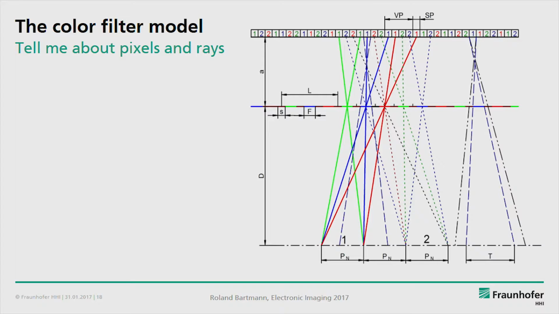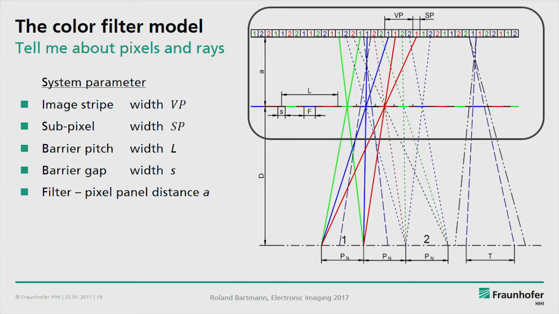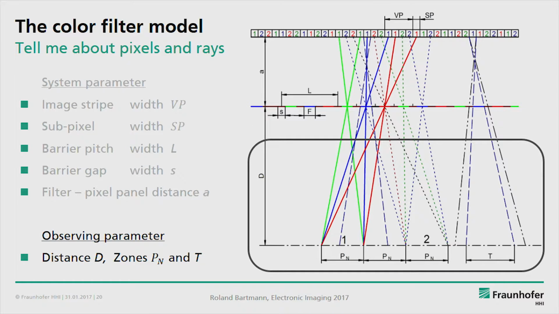And here is the observer zone, and important, of course, is this width here and the separation of the colors. So there are the parameters: here the subpixel width and the viewing width, and the parameters of the image barrier and the distance. And that's the parameter to calculate. And of course, the distance here, this is the input parameter.